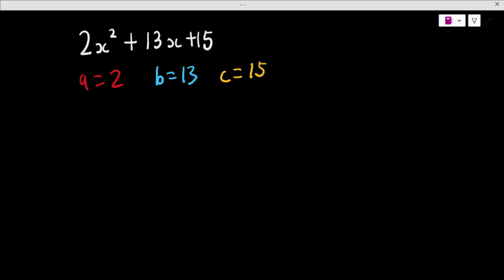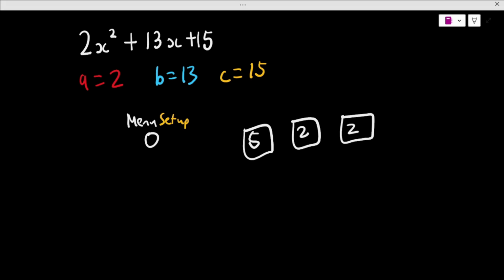What you're going to do is press the circle button on the top right that says menu and then setup. Then after that you're going to press 5. Then 2 to select polynomial. Then press 2 to select degree 2, because the highest power of x in our expression right here is 2, because of x squared.